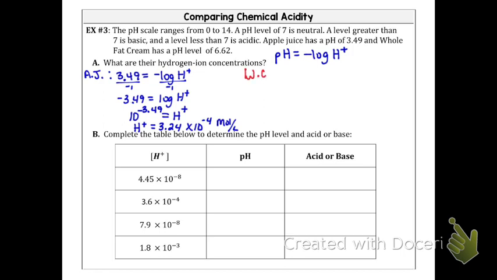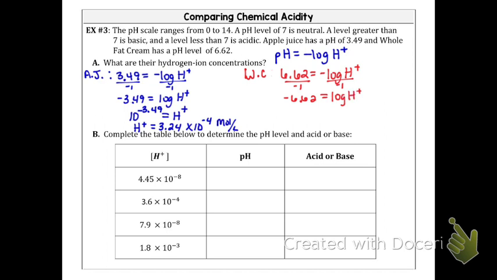Or whole cream. It has a pH of 6.62, so that's going to be equal to the negative log of the hydrogen ion concentration. Again, we're solving for that hydrogen ion concentration, so we're going to divide by -1. -6.62 equals log of the hydrogen ion concentration.